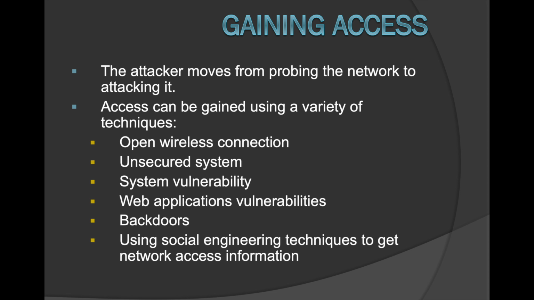There could be a backdoor, or some other way in, that you didn't create but that someone else did. Or you could use social engineering techniques to get network access information.